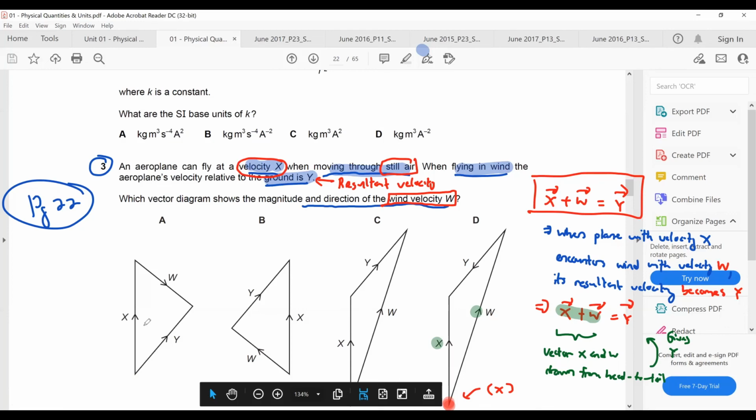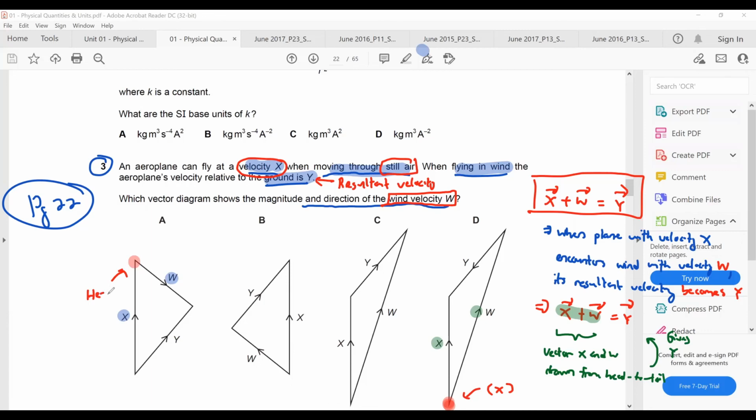You see now, if I look at velocity x and w, I look at the point where they meet. You see now this is the head, and then this is the tail. The head meeting the tail, head to tail. All right, but you see the others, like this one, x and w.